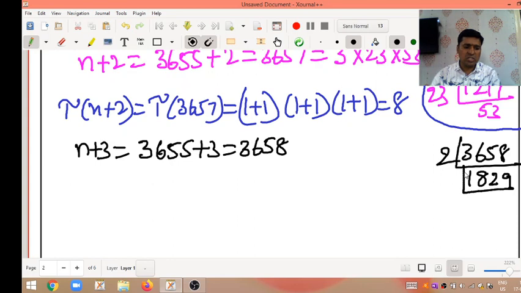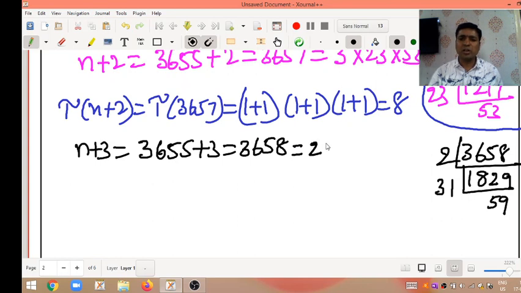Okay, so this will go with the 31 table. 31 into 59 times, 18 9 1829. So my dear students, this becomes 2 power 1 into 31 power 1 into 59 power 1.